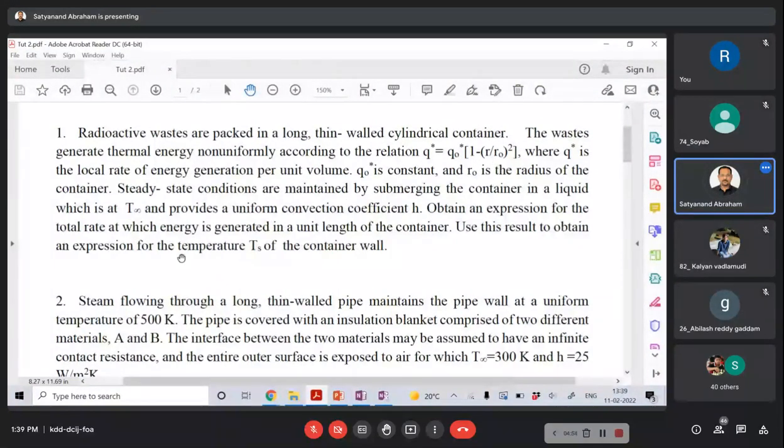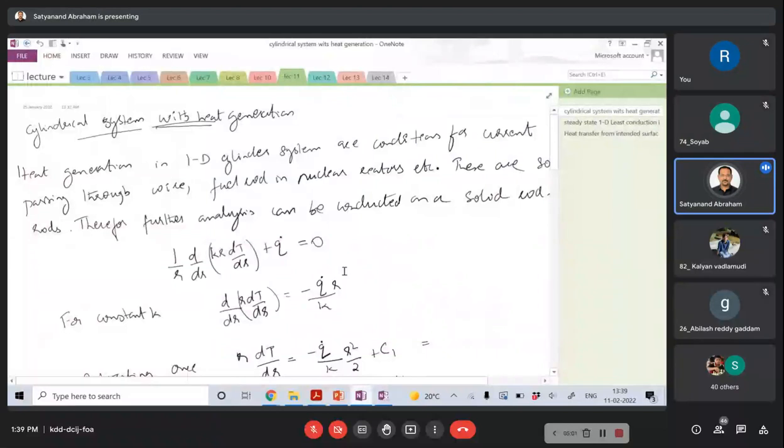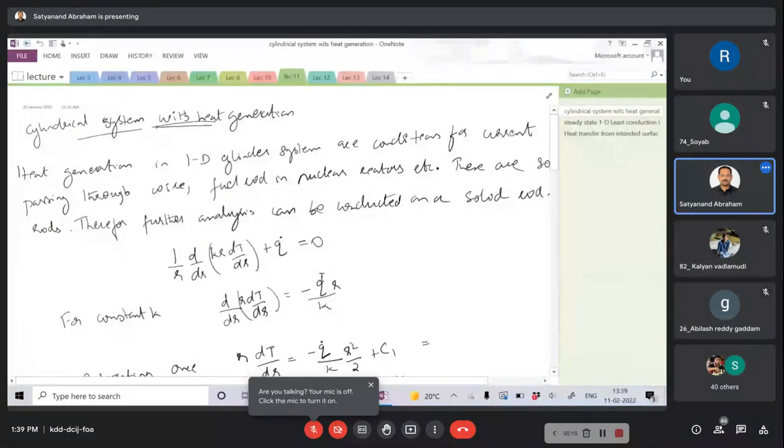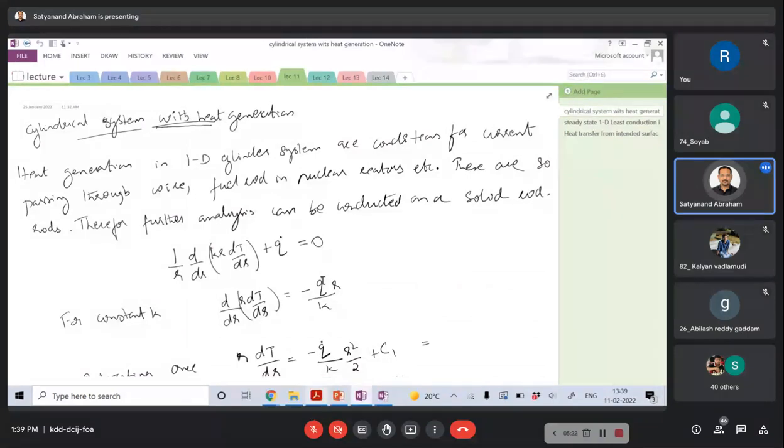So in order to find the temperature profile within, you cannot use the basic equation. Obviously, the governing equation is going to be the same, only the integration is going to be different. Instead of simply writing q, you have to write q0 into (1 minus (r by r0) square). If you do this, then you can get the temperature profile within the system.